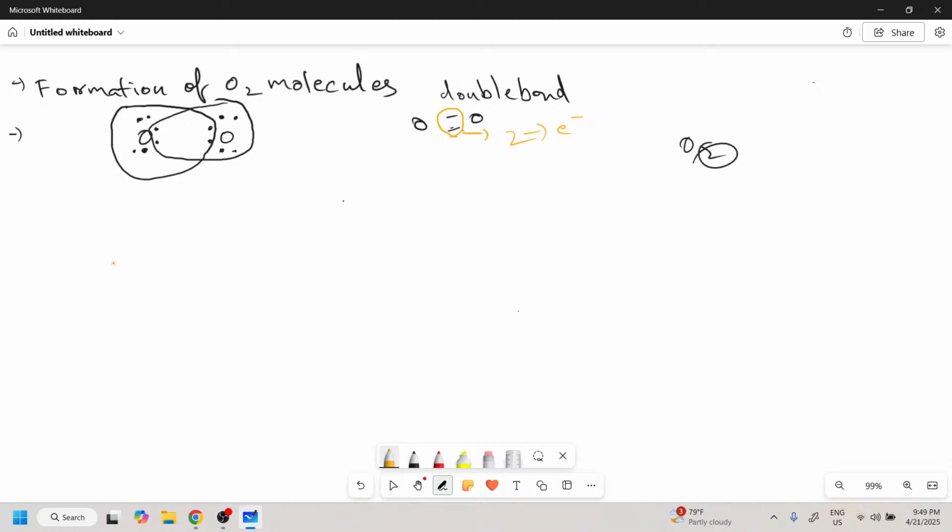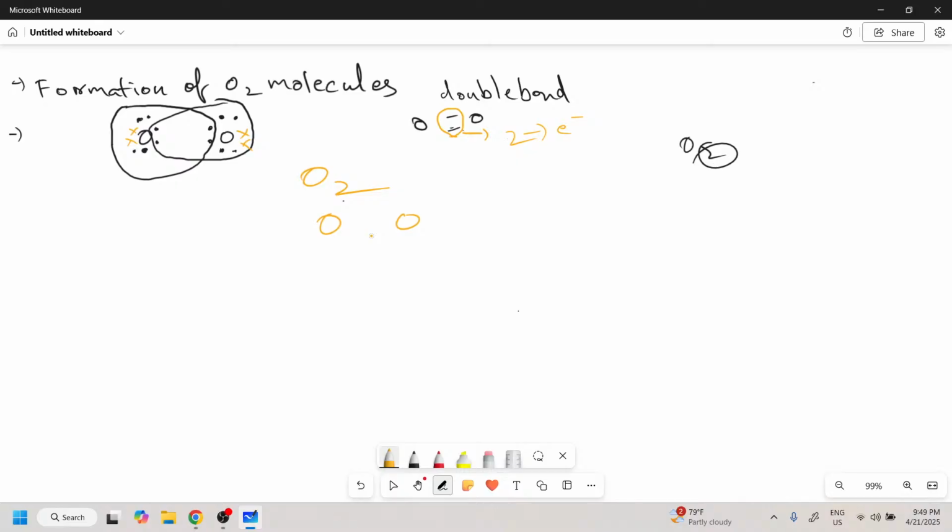I'll repeat that again. To attain its stability, it doesn't have 2 electrons, and this doesn't have 2 electrons. So total 4 electrons. But we are forming O2. So in the form of O2, you have 2 O's. Just for understanding, I'm doing it like this.